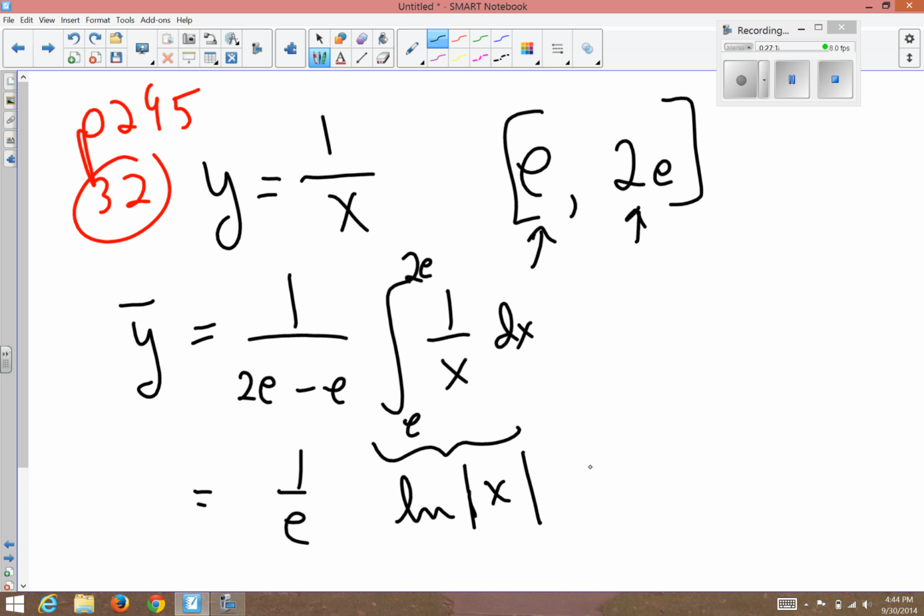The plus any constant, do 0. Put a bracket here with 2e up there and e down there. This thing in front, the 1 over b minus a, just gets plugged on. The bracket notation means we're going to replace x with 2e, make the subtraction symbol, and then replace x with e.